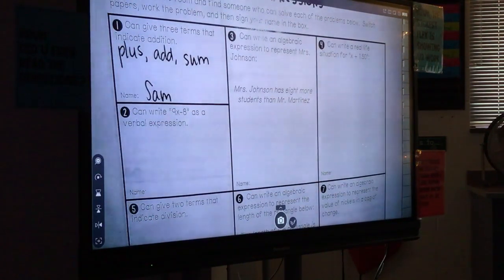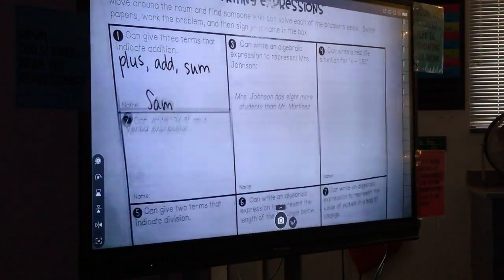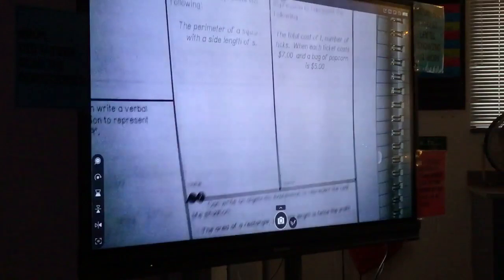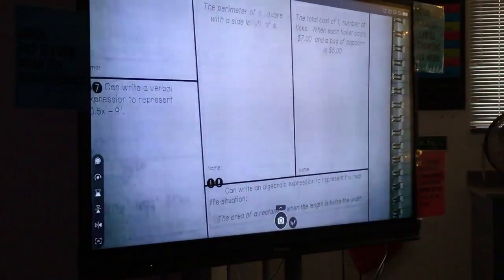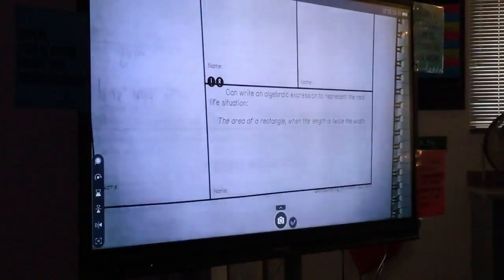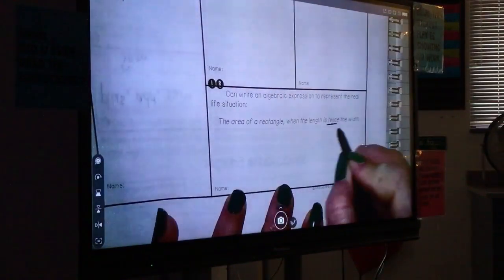Christian? Anybody? Kira? 18. Okay, so 18 says, can you write an algebraic expression to represent the real life situation? It says the area of a rectangle when the length is twice the width.